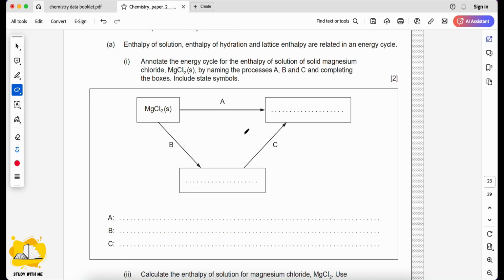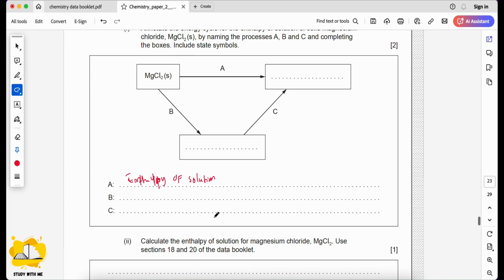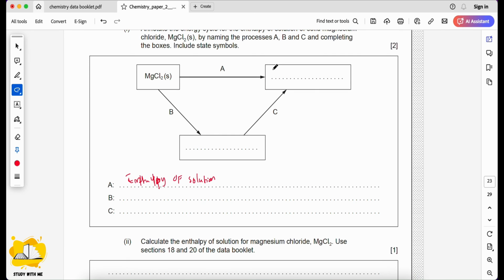So MgCl2 through enthalpy of solution will produce Mg2+ aqueous and 2Cl- aqueous.